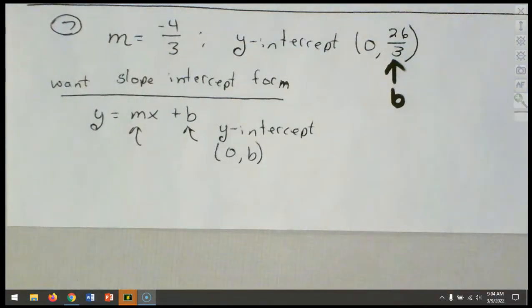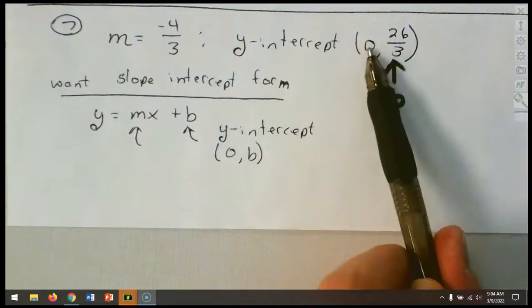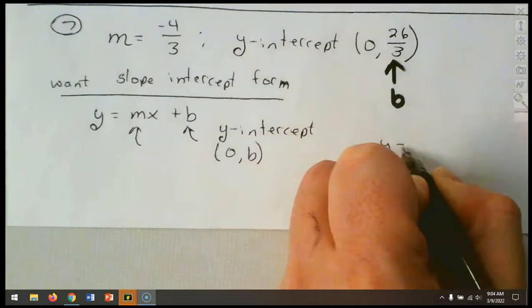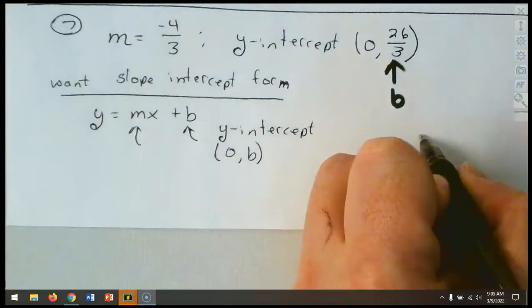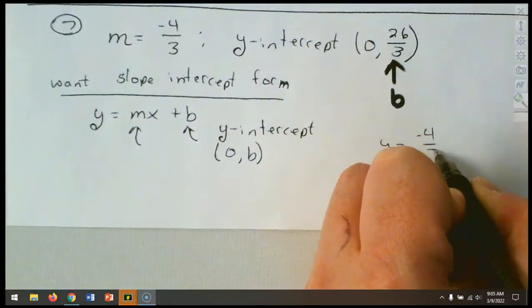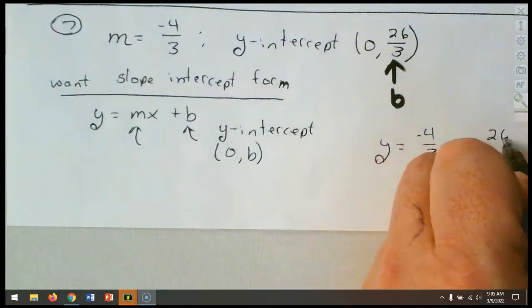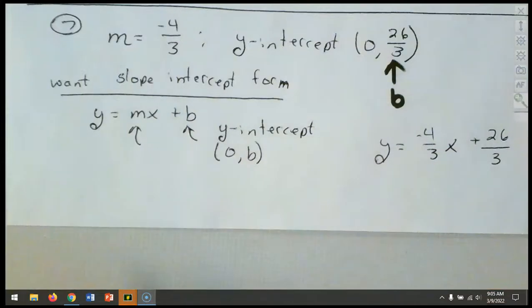If it was a different point, if there would have been a 3 here in front of that 26 over 3, we would have to use point-slope. But because they gave you the y-intercept, that's our b component, and we can jump directly to our answer, which is going to be y equals minus 4 thirds x plus 26 over 3.